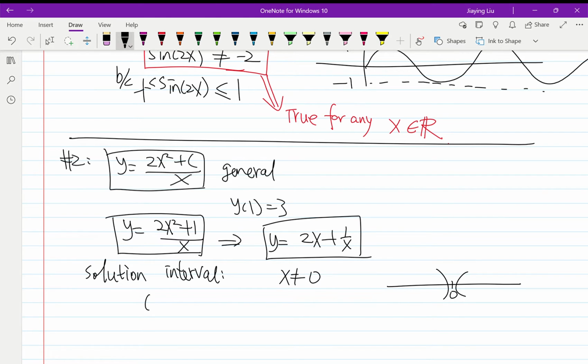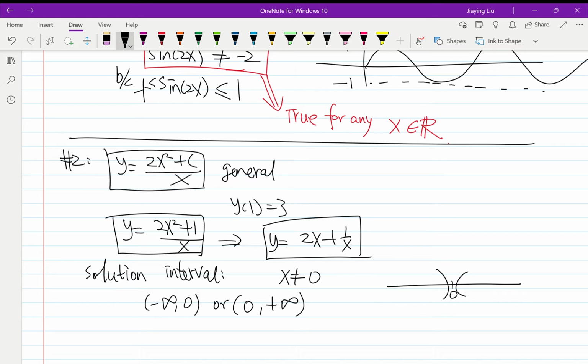So we're going to have negative infinity to 0, or we're going to have 0 to positive infinity. That would be correct if we look at the general solution, right? If we don't know what the initial condition is for the general solution, this will be correct.